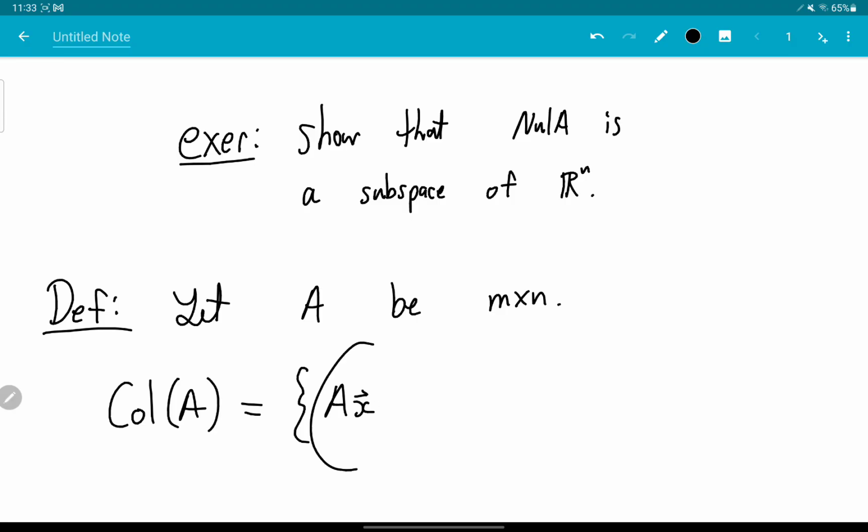It's going to be the set of all these guys, where the vector x can be anything in Rn. So it's the set of all products Ax. So x can vary. x has an infinity of choices. And we collect all those things in a bag, and we call that bag the column space of A.